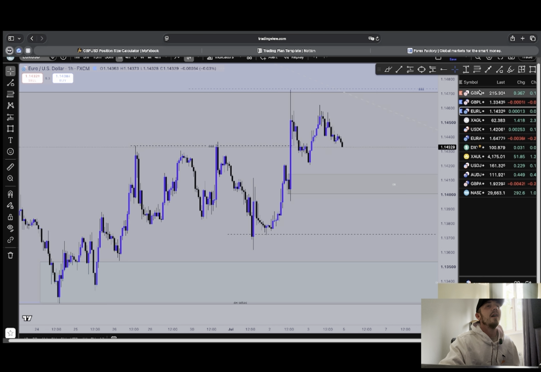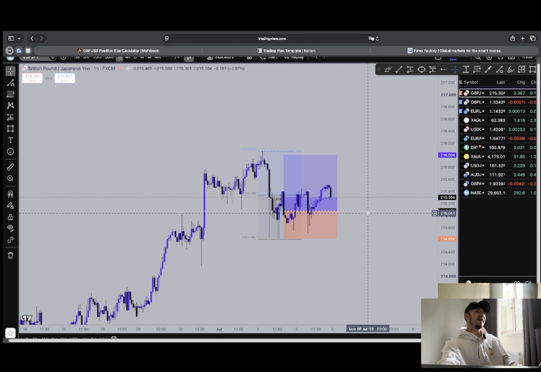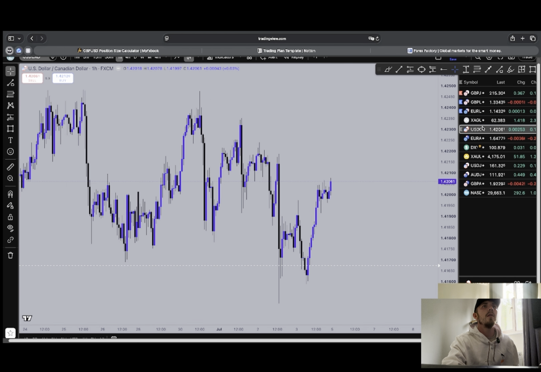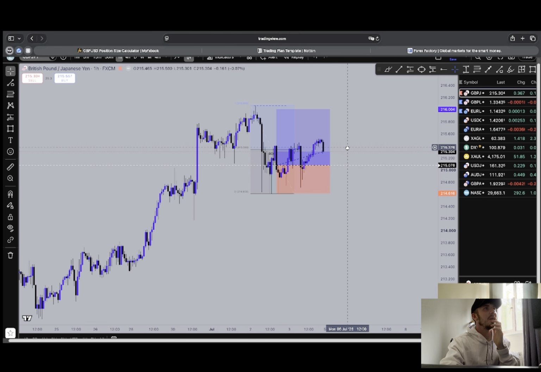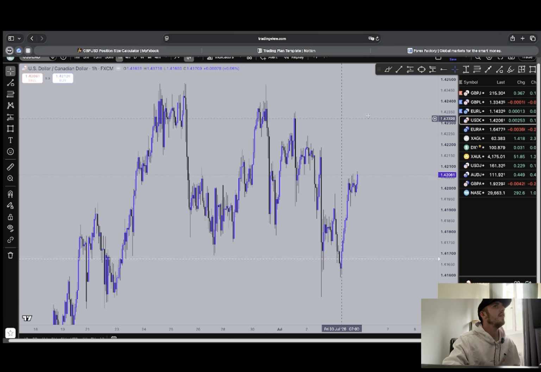Well, I did actually get out of this one before the weekend, because I don't trade weekends. I won't hold over the weekend, sorry. So I got out of that in profit. Only about 1 hour, I think it was. So any profit's better than no profit at the end of the day.